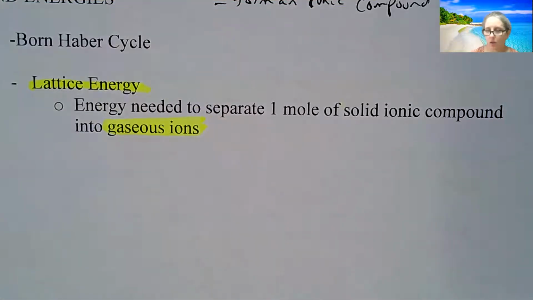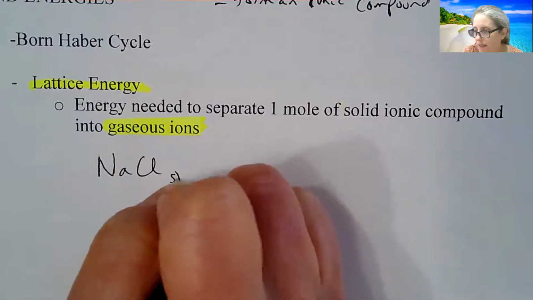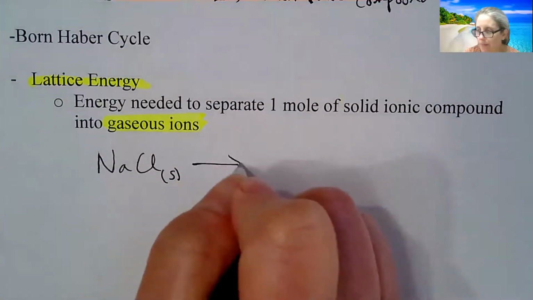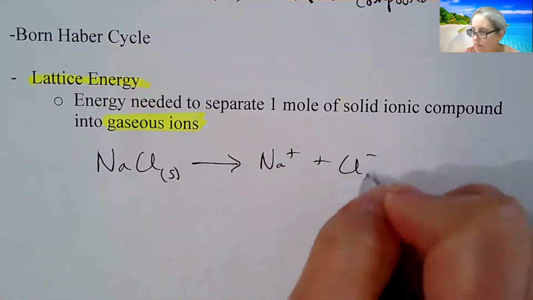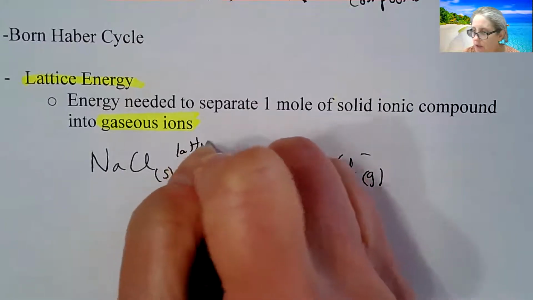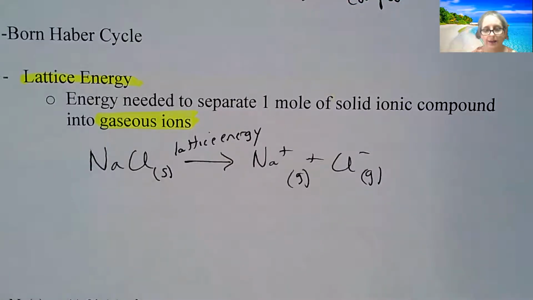So let me put that in a formula. If I take sodium chloride, an ionic compound in a solid form, and I break it up into its 2 ions in gas form, this is what it's called, its lattice energy. How much energy does it take to put those ions together and form that ionic compound?